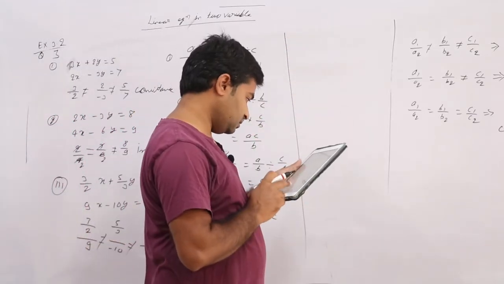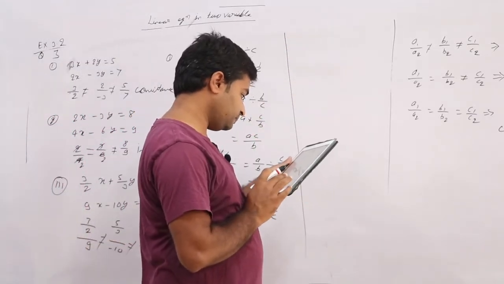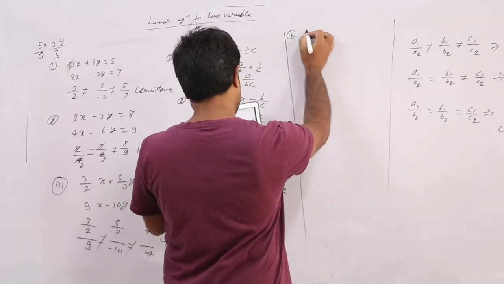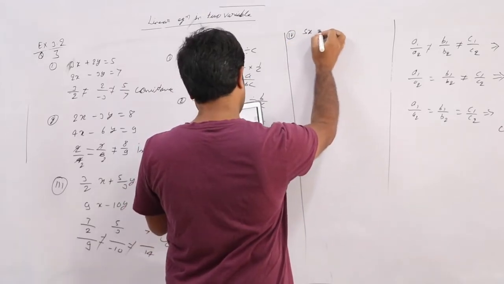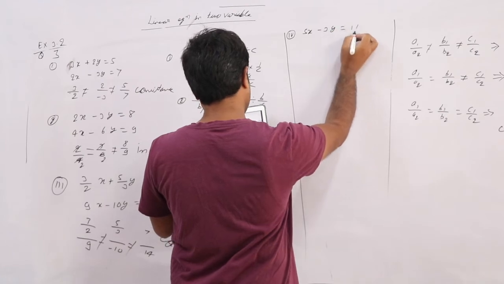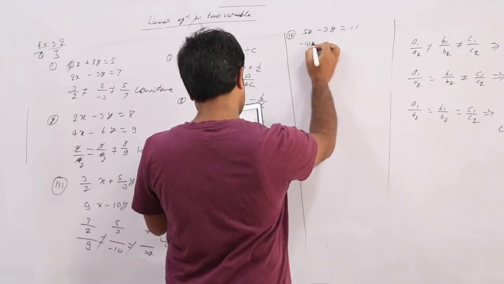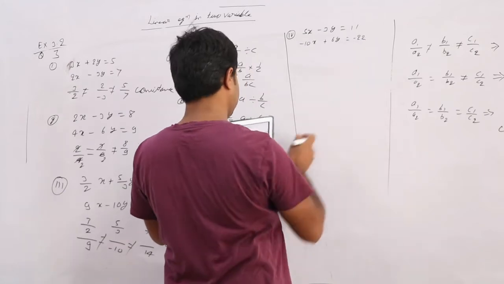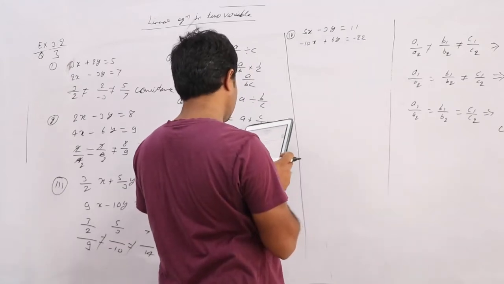See next. Question number 4. 5x - 3y = 11 and -10x + 6y = -22. Getting? Yes or no?